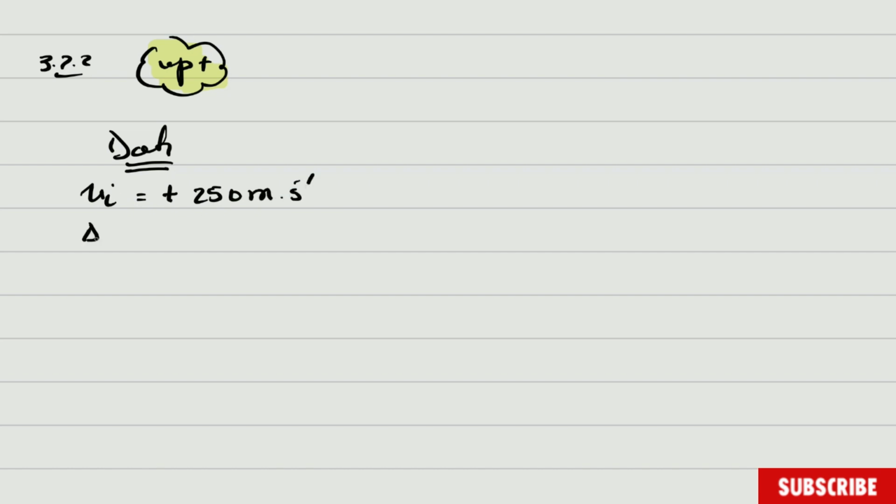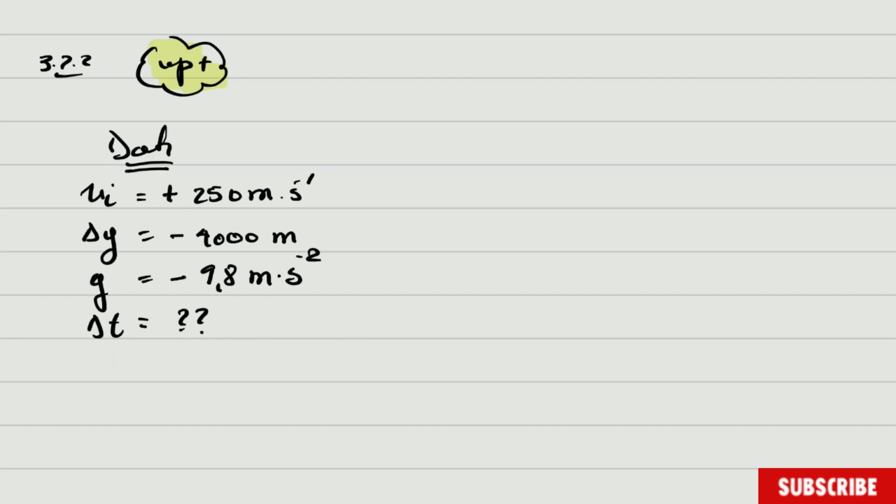The displacement, remember we said it's going to be from starting point to final, so it's negative 4,000 meters. The acceleration due to gravity is negative 9,8 meters per second squared. We are looking for the time, so it's part of the data, and that is all we have because it's from starting point to the ground.